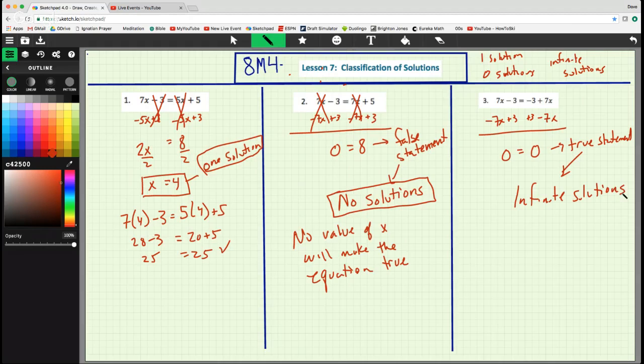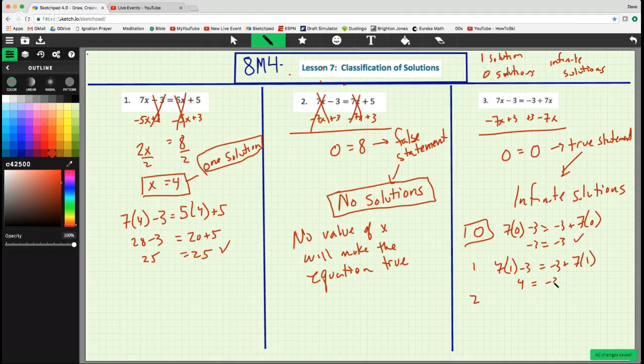And just to check it out, let's try 0. Let's see what happens with 0, 1, and 2. Let's see if we have a lot of solutions here. 7 times 0 minus 3 equals -3 plus 7 times 0. Well, -3 equals -3, so that's true. So that works. 0 works. 7 times 1 minus 3 equals -3 plus 7 times 1. Well, 7 minus 3 is 4.